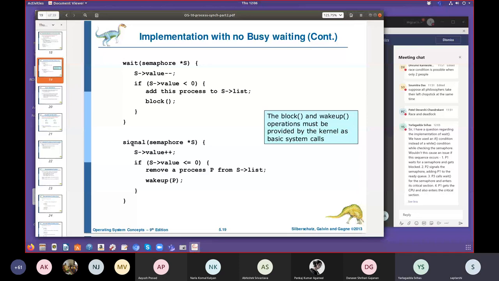Okay, let me understand. You are saying, suppose P1 had once called wait. And then it was added to the queue of the semaphore. Then some other process signaled this semaphore.